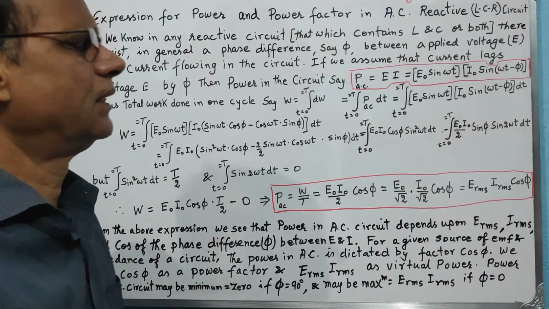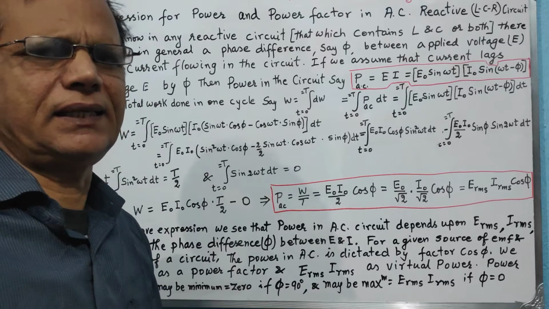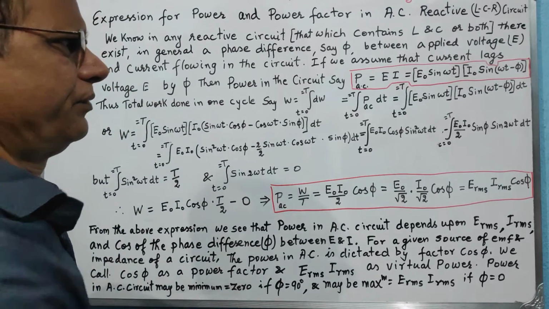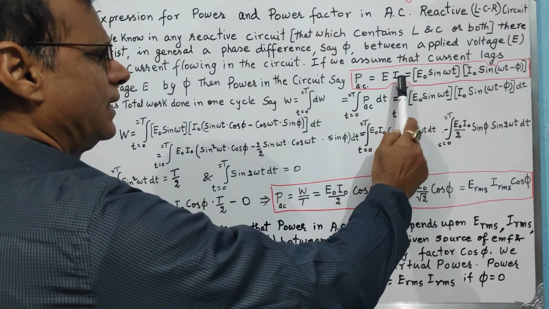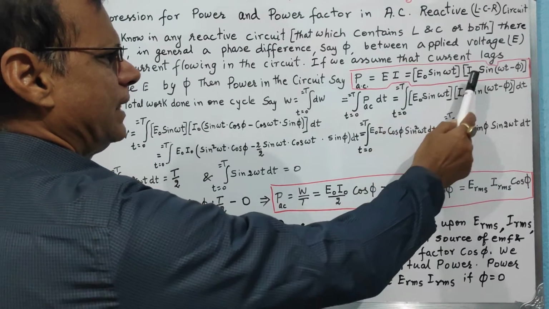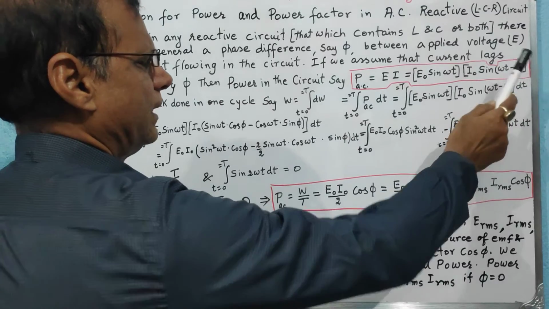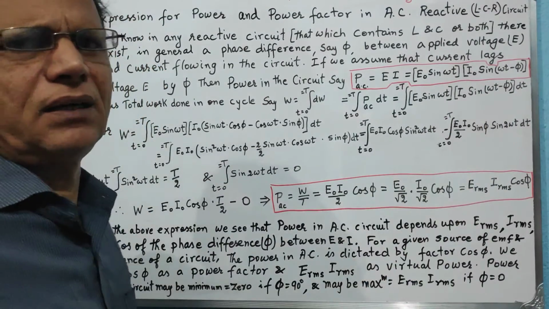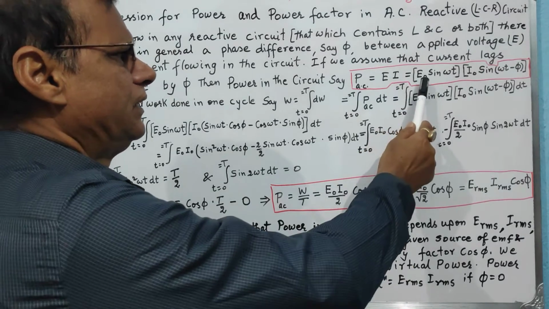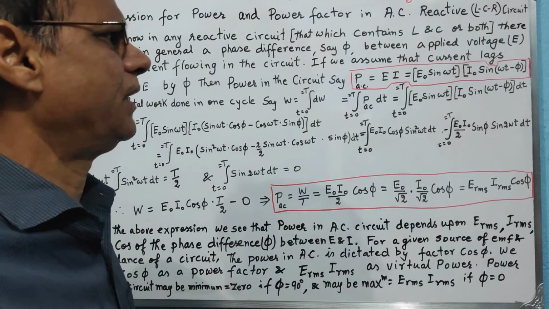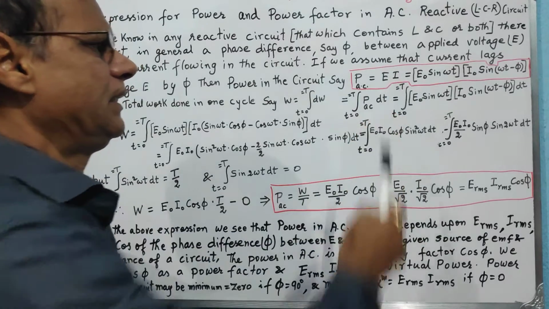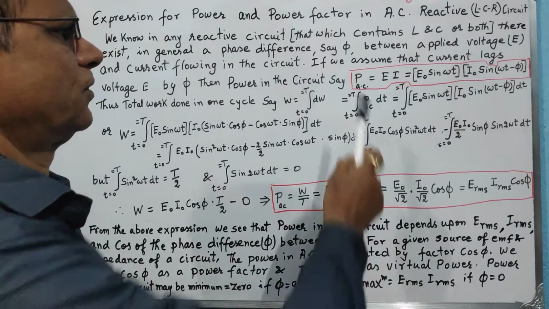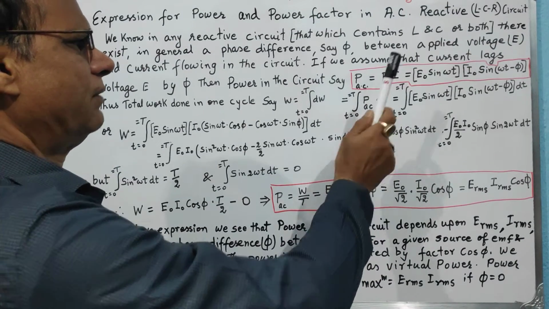For current, as we have assumed that it is lagging behind the applied voltage by phi angle, we write the instantaneous current I as I0 sin(omega t minus phi), where I0 is the peak value of the current and E0 is the peak value of the applied voltage. E is the instantaneous voltage applied in the circuit. So we got this expression for power.